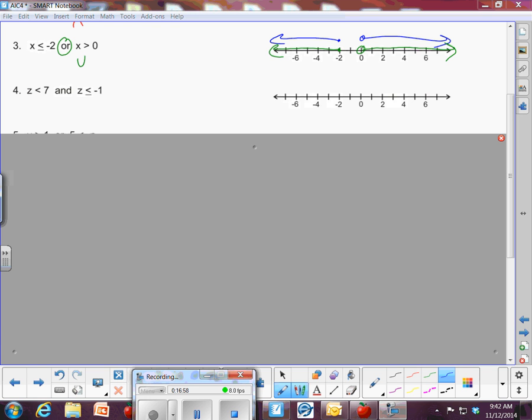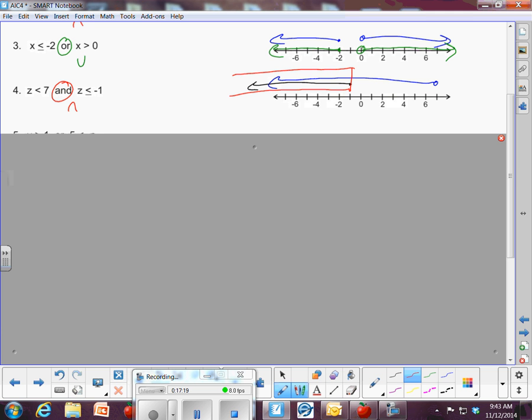So again, you're looking at this less than 7, circle over the 7, arrow to the left. Less than or equal to -1, dot over the -1, arrow to the left. Again, you say conjunction, I need the intersection. Where do they intersect? You see black and blue from there down.